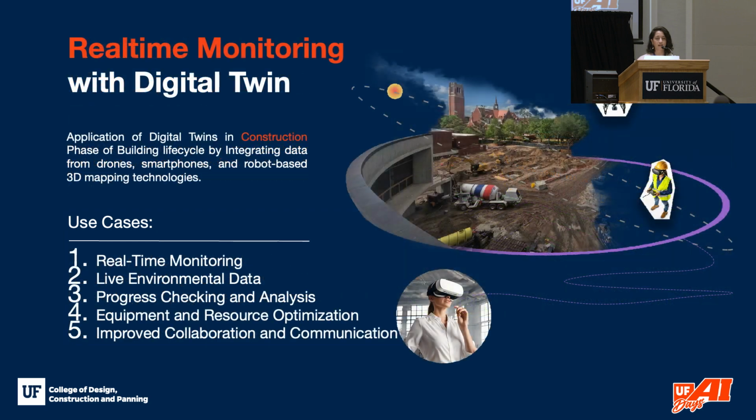Another case study that we are conducting right now, since the DCP Collaboratory is under construction, is something called real-time monitoring of the digital twin. Here we are going on site regularly to collect data as images or point cloud models through laser scanners, and we are embedding these into the digital model. Why this is helpful is that when the building is built, you can always go back to historical data to see what was happening at the time when they had to build the wall, or when they were doing the electric cabling.